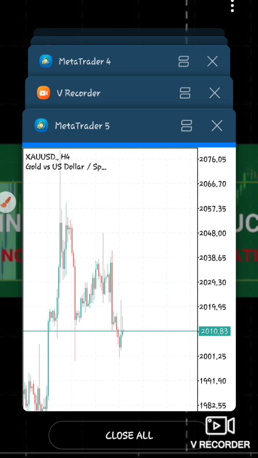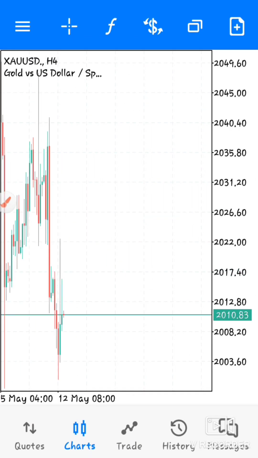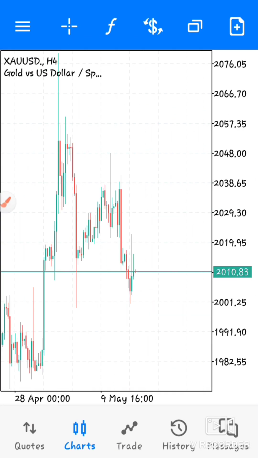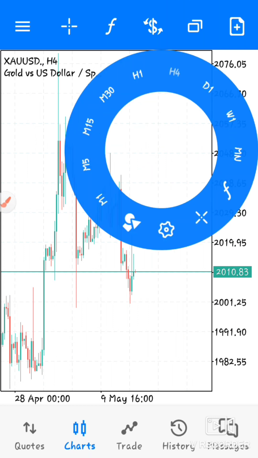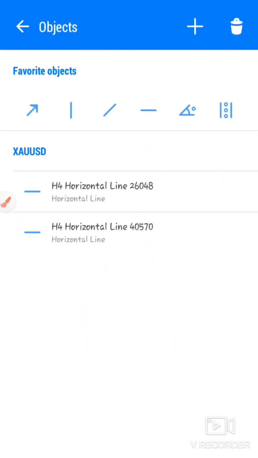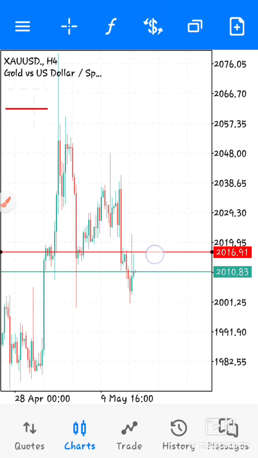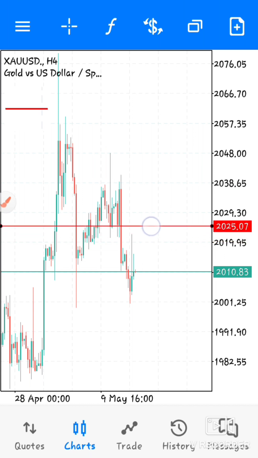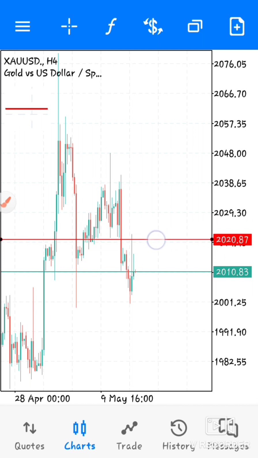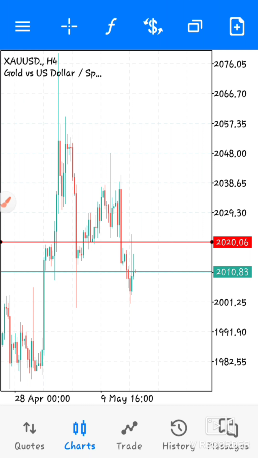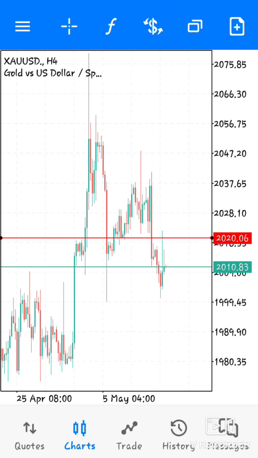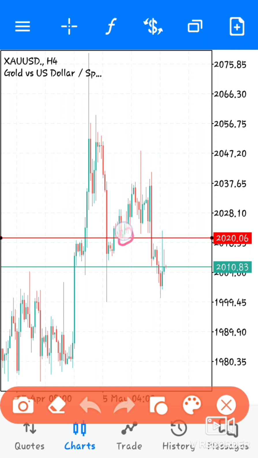For a buy you want to look out for support. So let me mark my support. For example, I want to buy, so I place my horizontal line at this level.